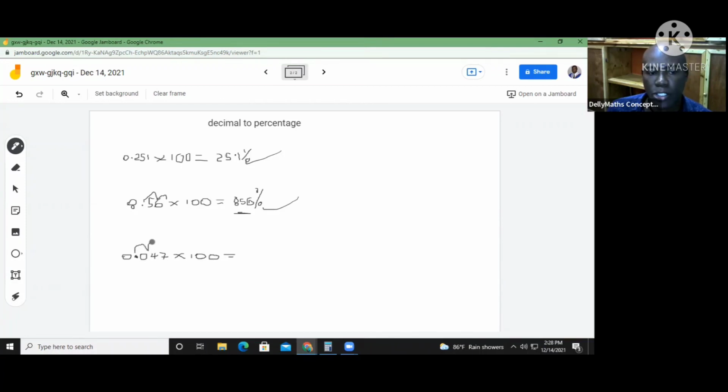So 1, 2, and we're looking at 4.7%. There it is. And that is how you really convert from decimal to percentage. We simply multiply by 100.